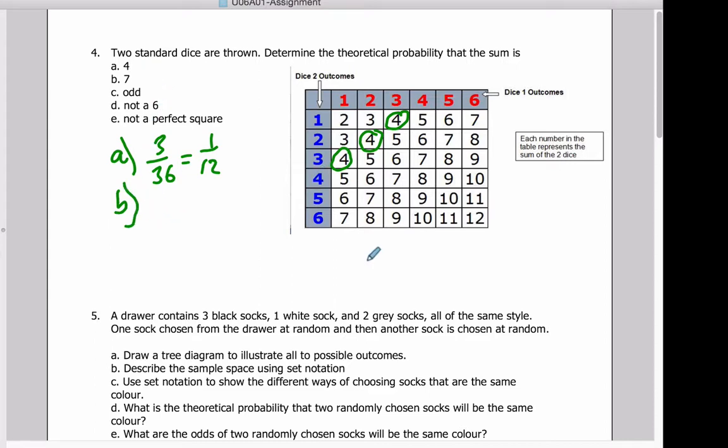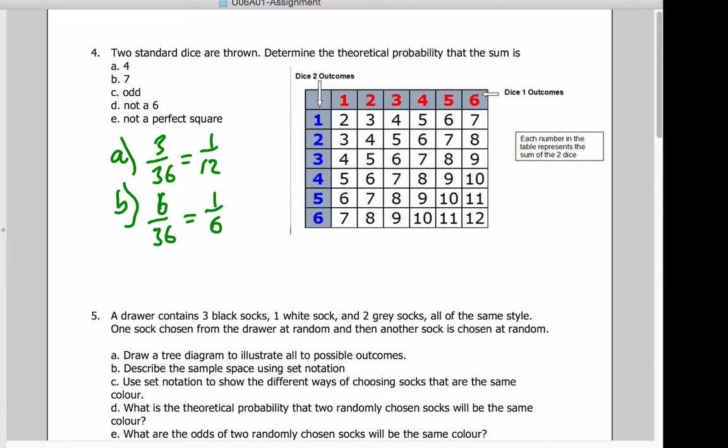A 7, well, we've got 6 possible outcomes there where we could roll a 7. So that is 6 out of 36, which reduces to 1/6. An odd number: so I'm going to erase this.